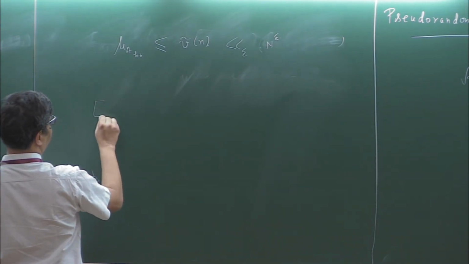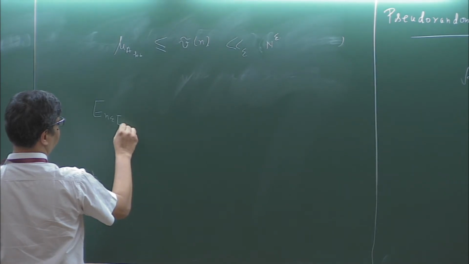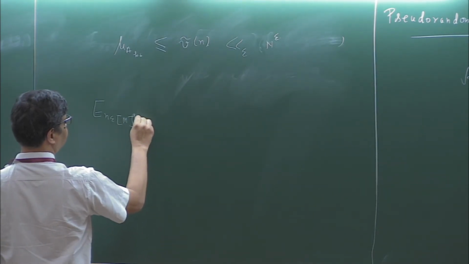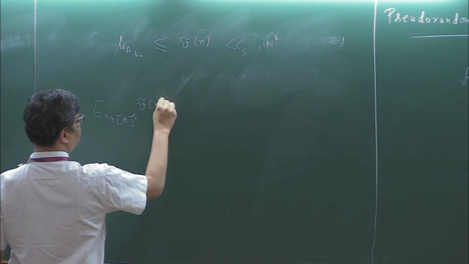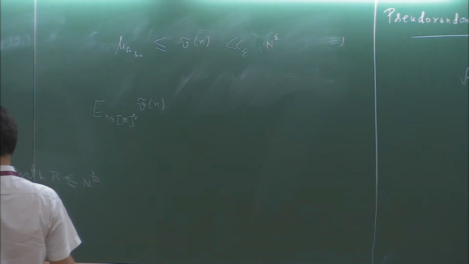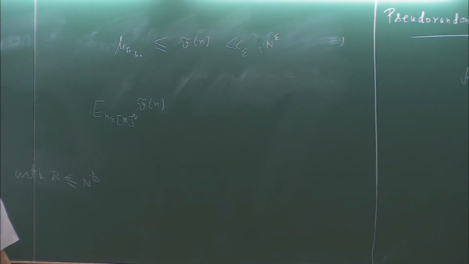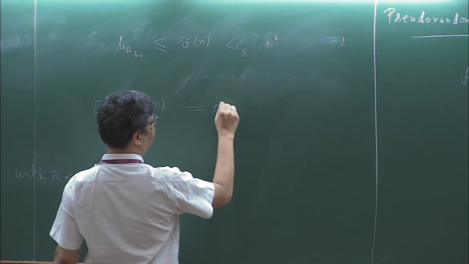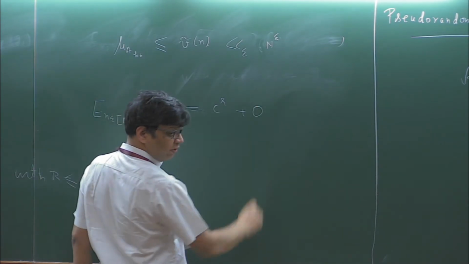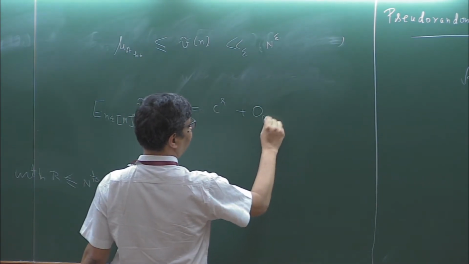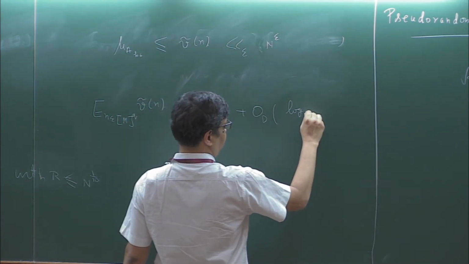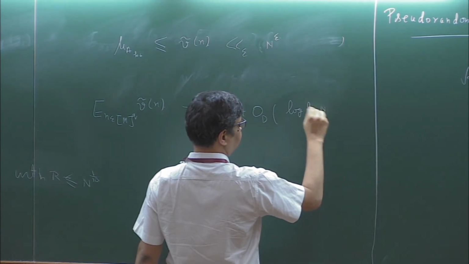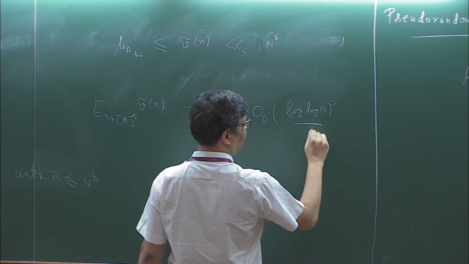My claim is that the expectation of the product of v tilde n over the affine linear forms is actually equal to c to the r plus o of (log n)^3 by log n.